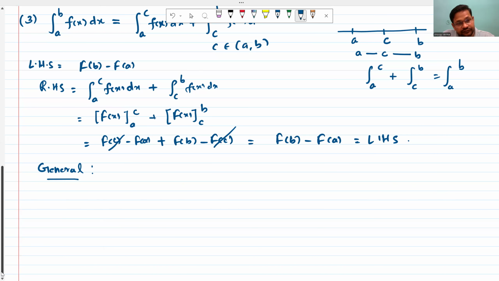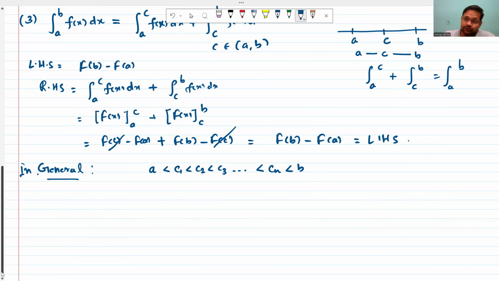In general, suppose A is followed by some points C1, C2, C3, and so on, and we break it at some point Cn, which is lesser than B.